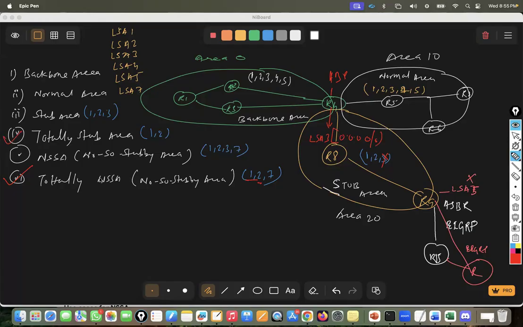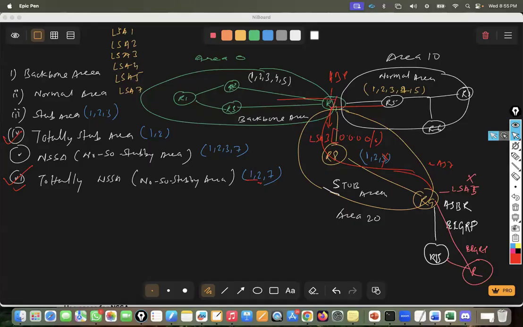Whatever the concept is here, this is going to be the same. Only it will also allow the LSA 7 here, which is going to be further translated to LSA 5 here and here. So totally no-so-stubby area, only it is going to filter LSA 3. But LSA 3 is still going to remain in your special LSA as a default route.